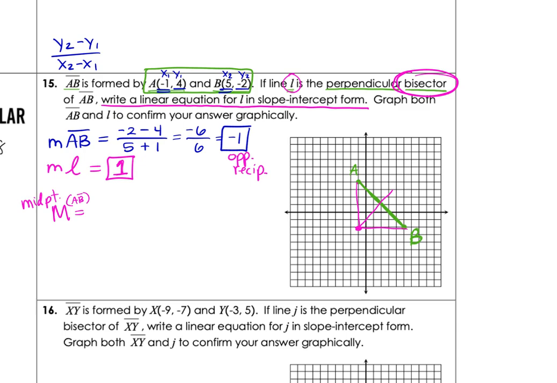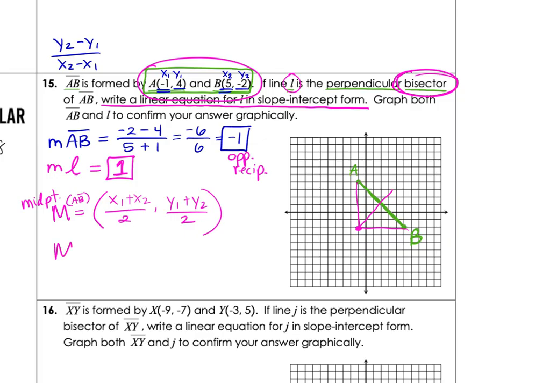So what you're going to do is find that point in the middle by taking points A and B, these two, and just dropping them into the midpoint formula. Remember midpoint formula? x1 plus x2 divided by 2 and y1 plus y2 divided by 2.